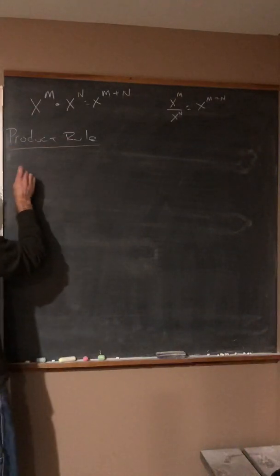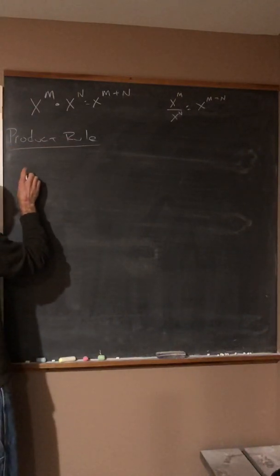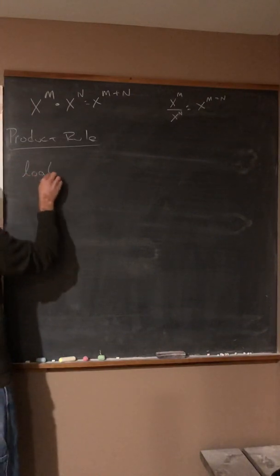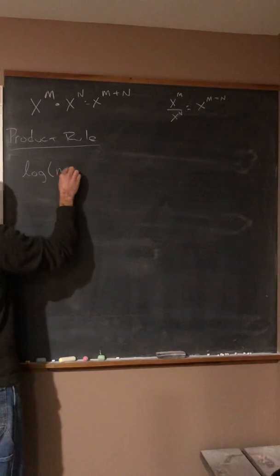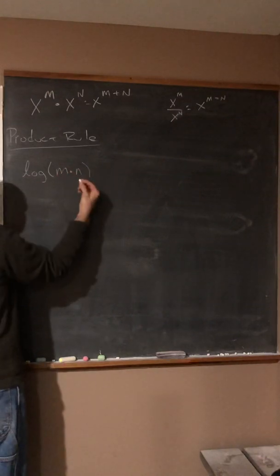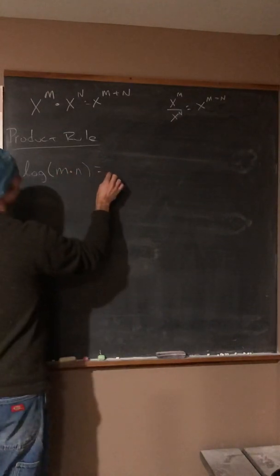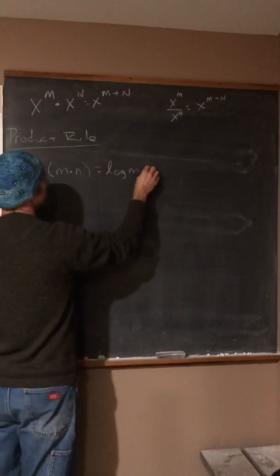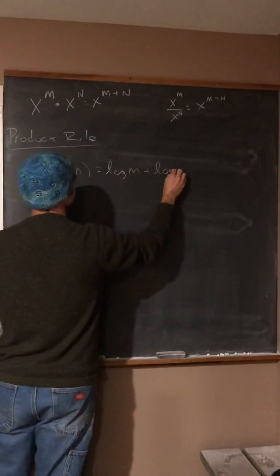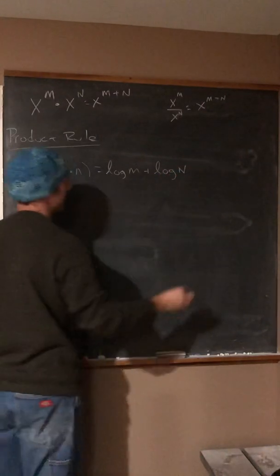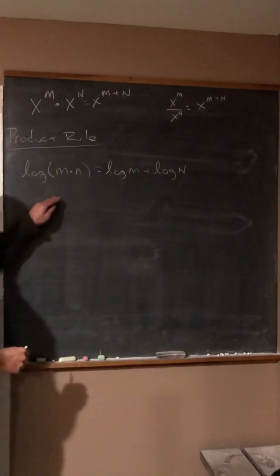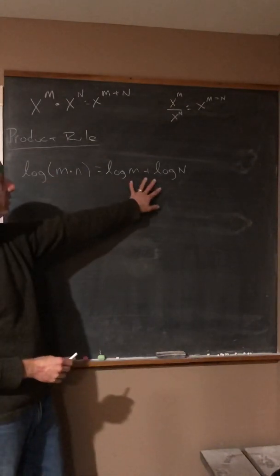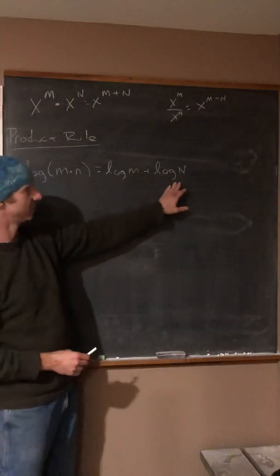And it says log of m times n equals log of m plus log of n. So the argument is multiplied, and out here we expanded it, m plus n.